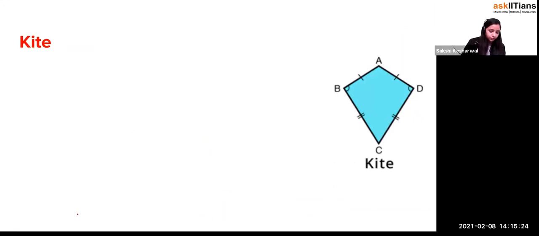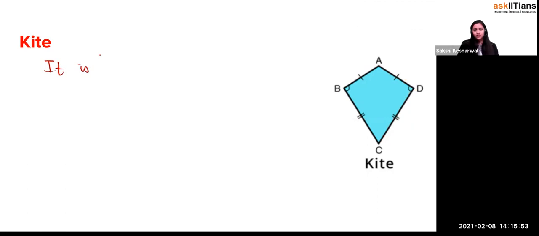Now let's come to kites. You have seen people playing with kites, right? A kite is generally a quadrilateral in which these two adjacent sides are equal and these two adjacent sides are equal. It is a special type of quadrilateral.